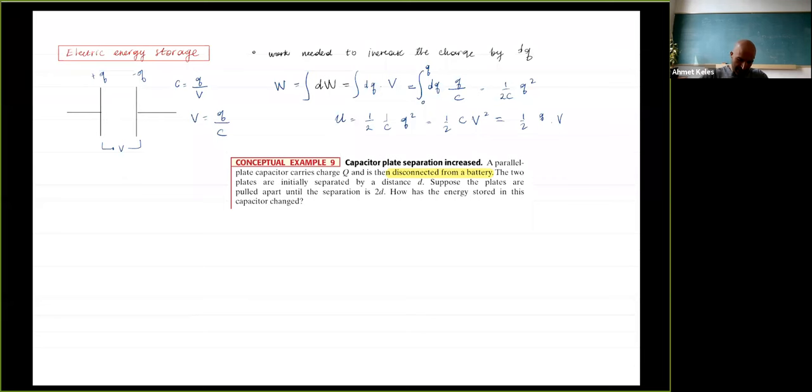Okay, so basically initially U is equal to 1/2 Q squared over C. I can use this because I know once the battery is charged and disconnected, what is constant is the total charge, and the capacitance will be a geometrical constant.